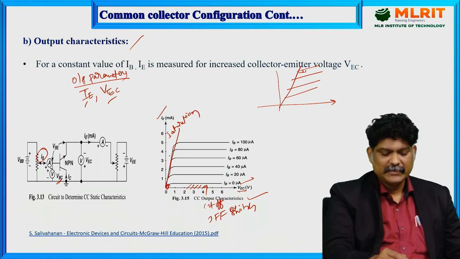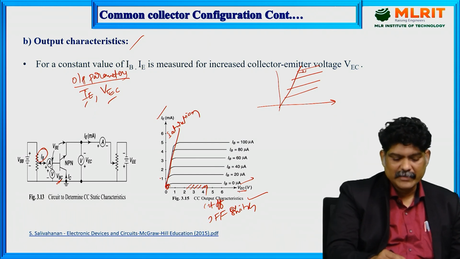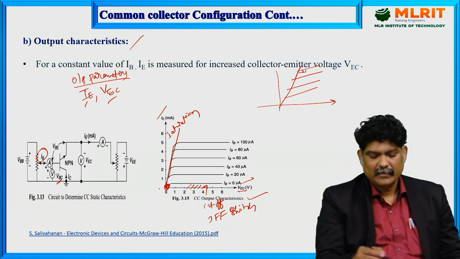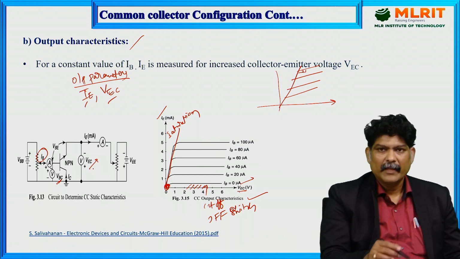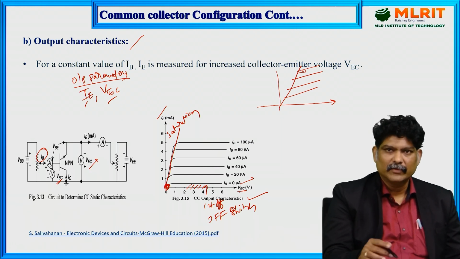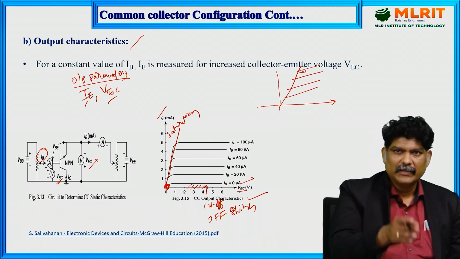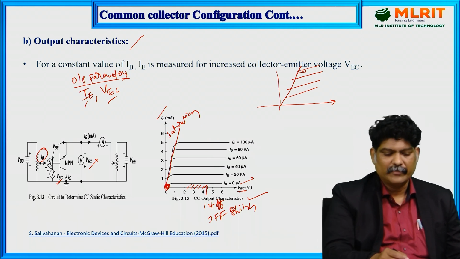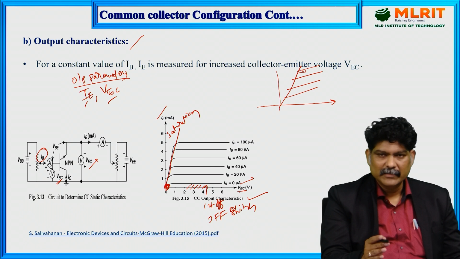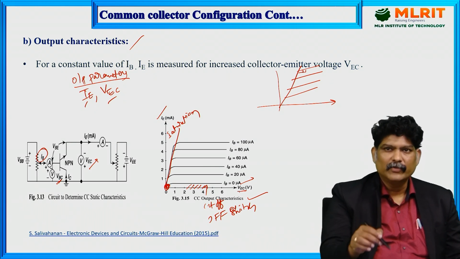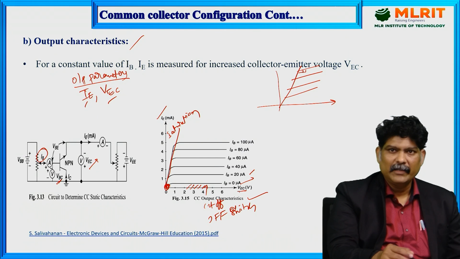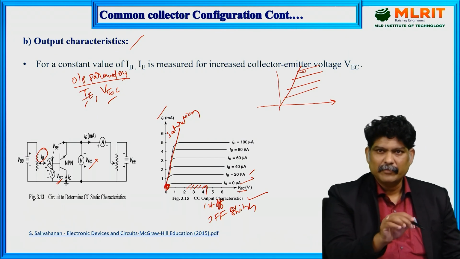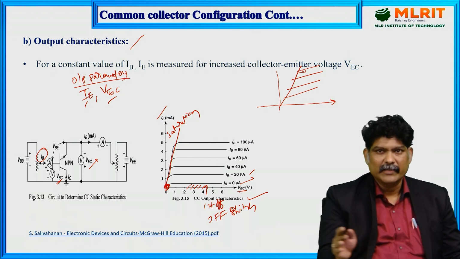There is a non-linear relation here, because there is no need to increase VEC, the output voltage. If you increase further, at lower values of VEC only the current rises. Further, only when you increase the input current IB does your IC also slightly increase, but it is almost constant.